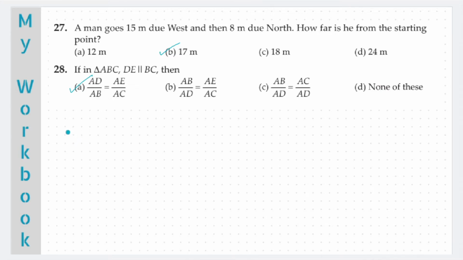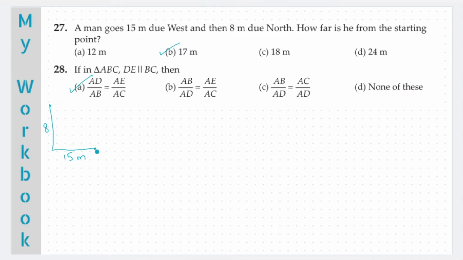27th sum, it's a simple one. We need to just apply Pythagoras theorem. A man goes 15 meters due west. So let him start from this point. He is going towards west, 15 meters in west, and then he turns and walks towards north. How much distance? 8 meters. So he starts from here and he stops here. How far is E from the starting point?